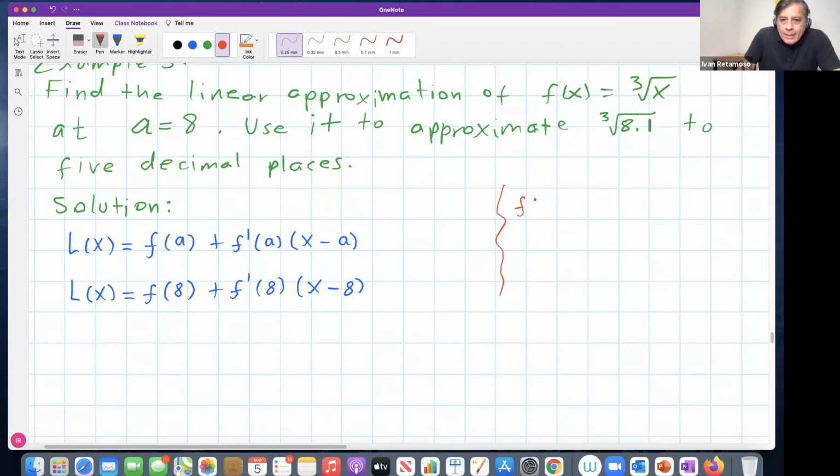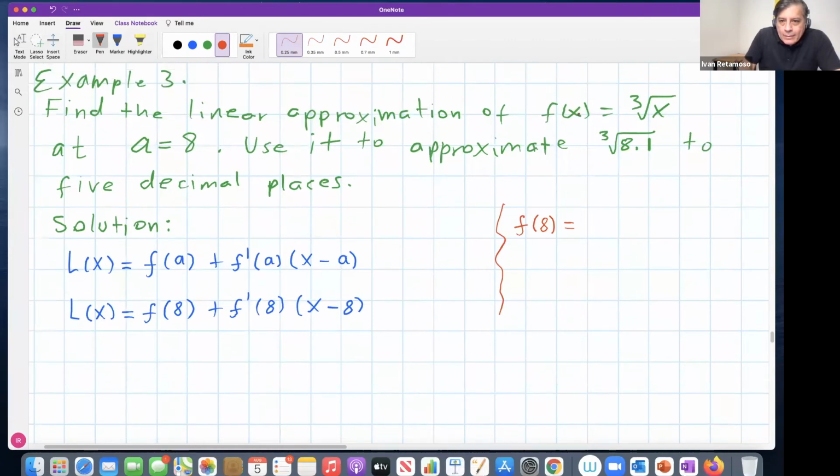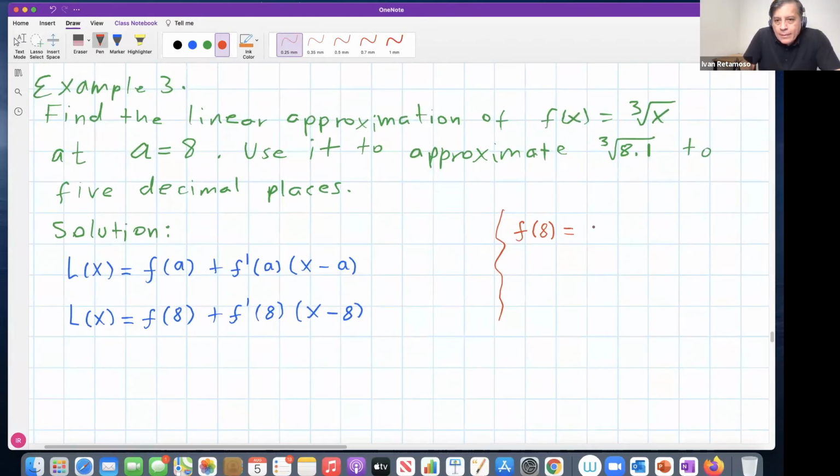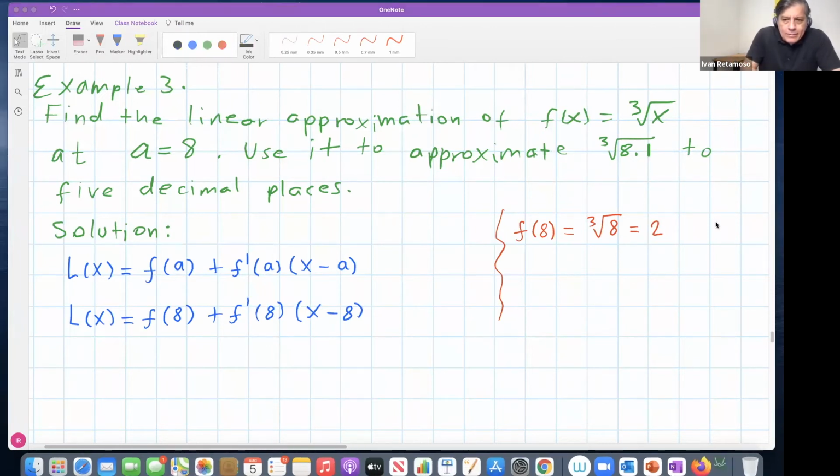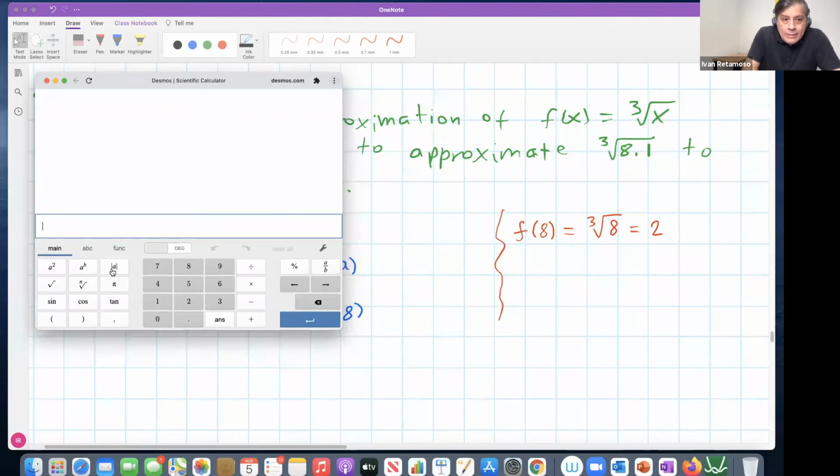So what would be f evaluated at a if we are working with this cube root function? Well, it will be the cube root of 8, right? But the cube root of 8 is just 2. Sometimes students ask me, professor, how can I take cube roots in general here in the Desmos scientific calculator?